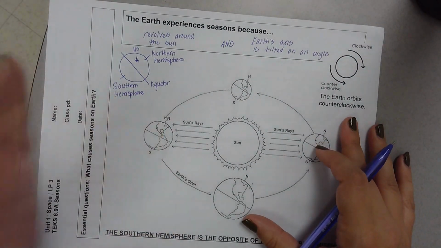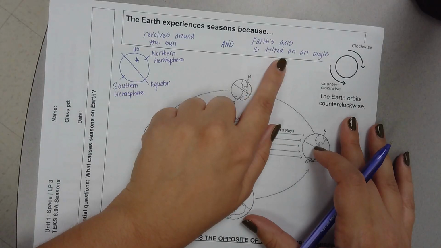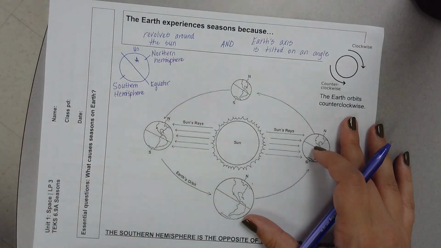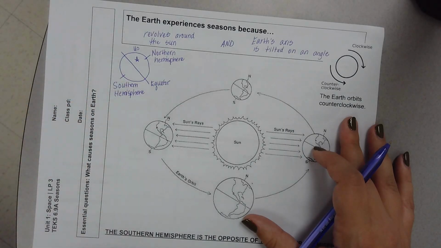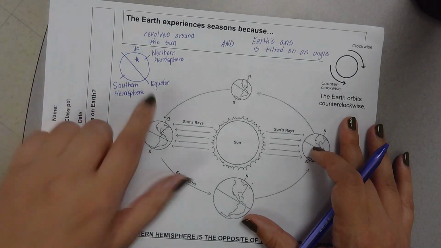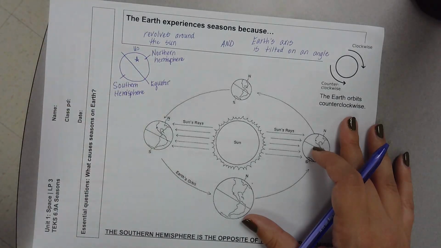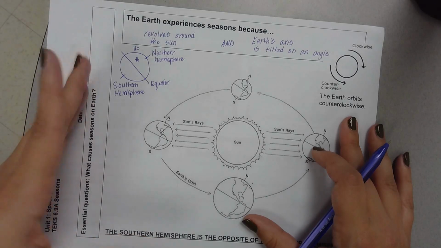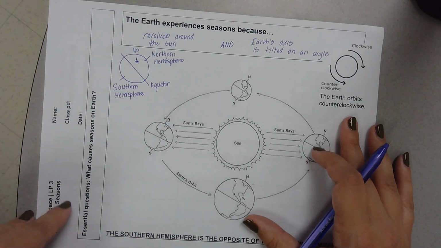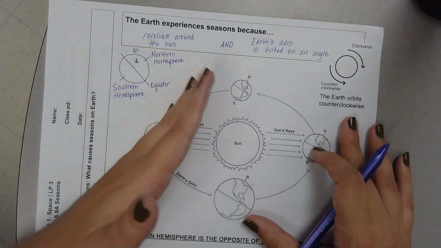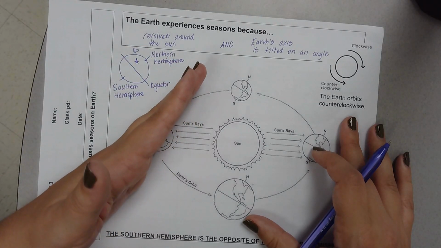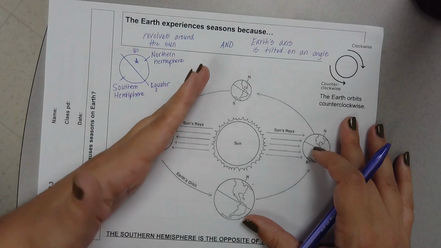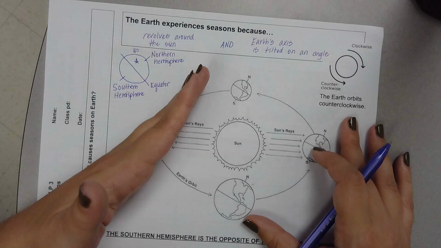Because Earth's axis is tilted on an angle, at certain parts of the year, which you saw in the video that you should have watched earlier, certain parts of the Earth experience more direct sunlight and other parts experience more indirect sunlight. When the Earth is tilted towards the sun, it experiences more direct sunlight and it is experiencing summer.